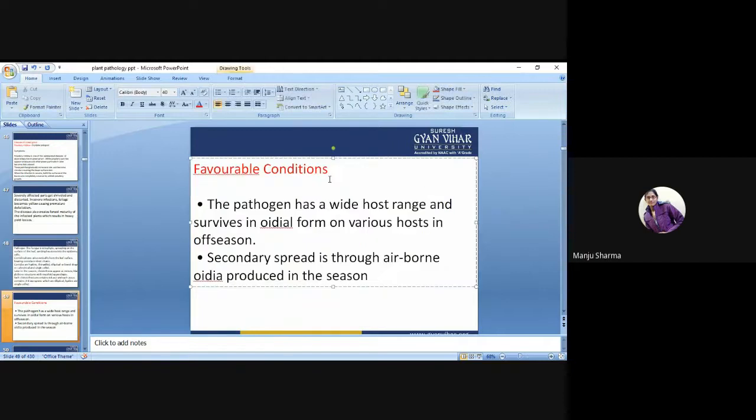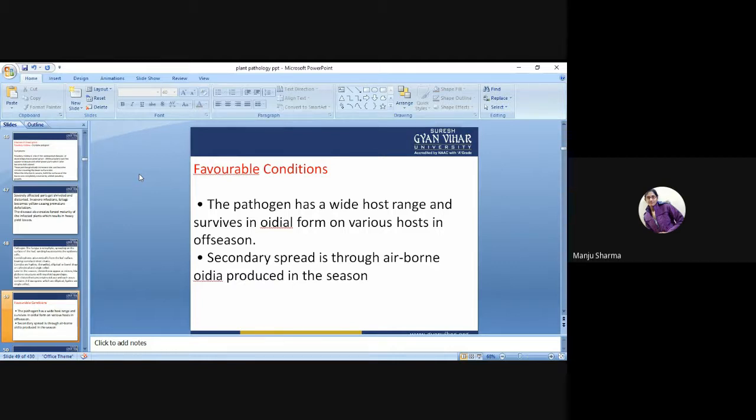Favorable conditions for the pathogen: the pathogen has a wide host range and survives in an ideal form on various hosts in the off season. Because the pathogen has a wide host range, it can live in any kind of conditions.